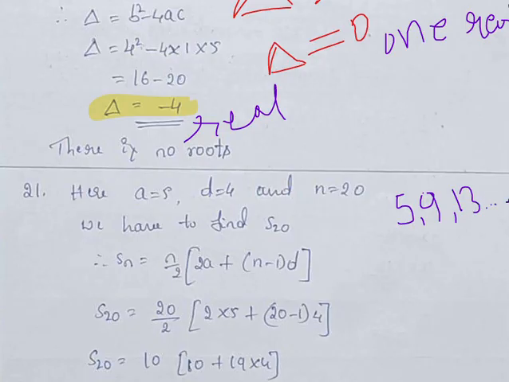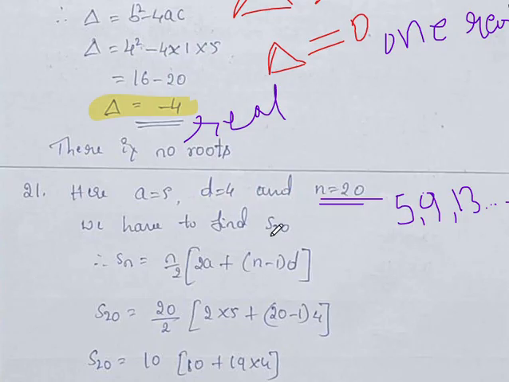It will continue like this. From this I have taken the first term a as 5, and the common difference: 9 minus 5 is 4, 13 minus 9 is 4, so you got the common difference d as 4. And the number of terms, the sum of the first 20 terms, that means n is equals to 20.